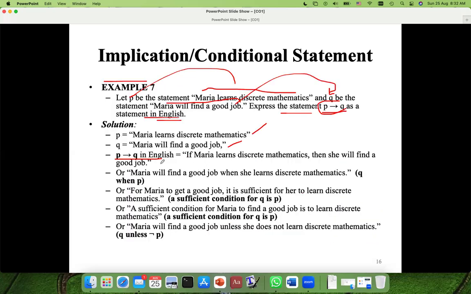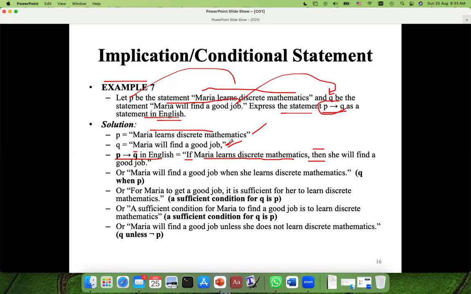So now, okay, I know that "if, comma, then," and here I can put something for P, and here I can put something for Q. So P implies Q: if, and then P is what? P is this, Maria learns discrete mathematics. So I am writing that Maria learns discrete mathematics here. If P, and then comma, and then after this, then I have the place for Q. So what is Q?